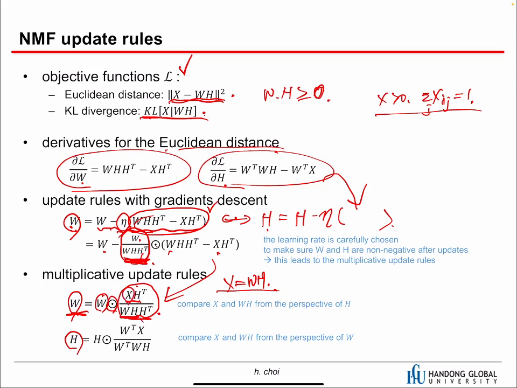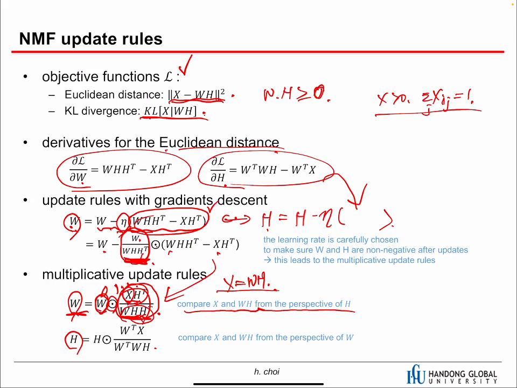If this one is larger than this one in the H space, then we increase this element, because the ratio is larger than 1. It could be 1 point something or 2 point something. So depending on this ratio, we control this W. We just compare X and WH from the perspective of H, and then we update W, and we do the same thing with H here.